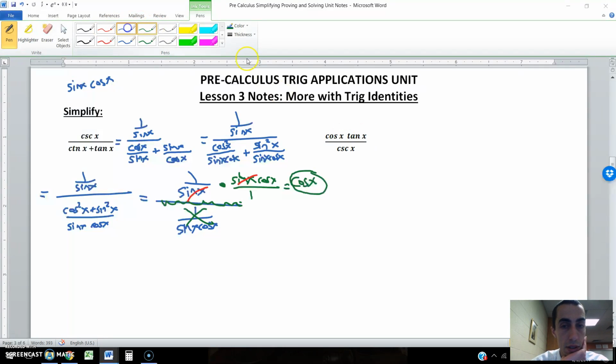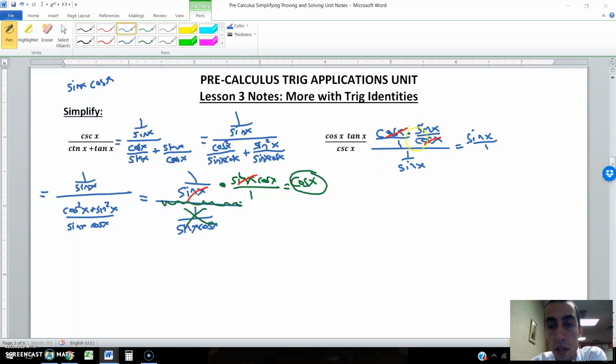Next up, sine and cosine it out. Tangent of x is sine over cosine. Cosecant is 1 over sine. Got two fractions being multiplied together. We can cancel out the common factor. And we have sine of x over 1 on top.